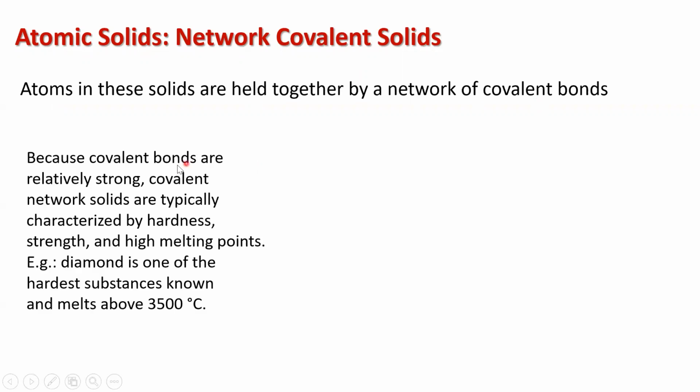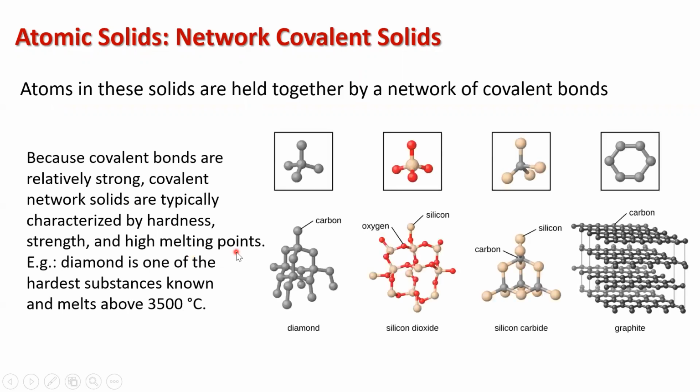Because the covalent bonds are pretty strong, they typically are hard, strong, and have high melting points. So we have a couple of examples here of atomic solids made out of a network of covalent bonds.